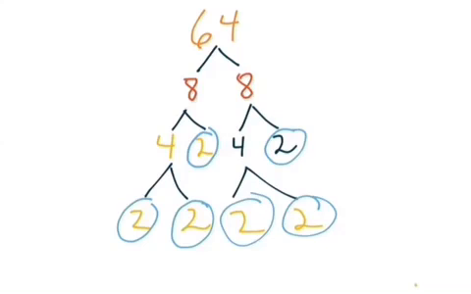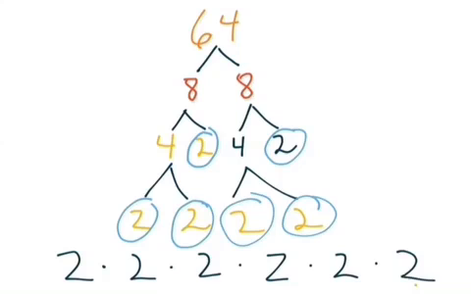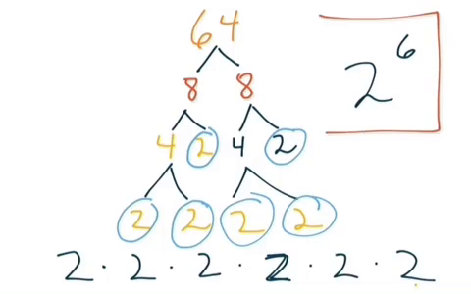So once I list them, I should get something like this. 2 times 2, I have 1, 2, 3, 4, 5, 6. 2 times 2 times 2 times 2 times 2 times 2. Now, once I do all of those right there, I can do this with exponents. 2 to the 6th power right here is the prime factorization of 64.